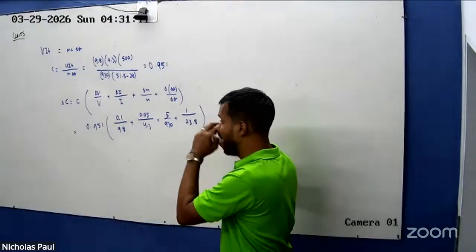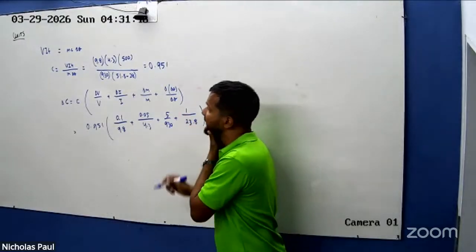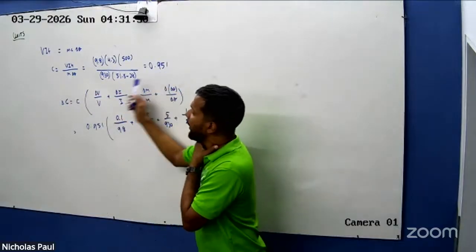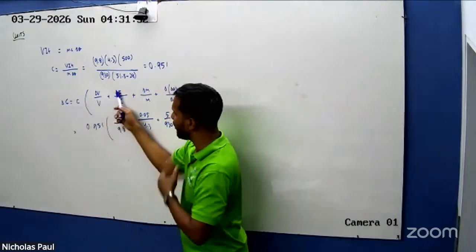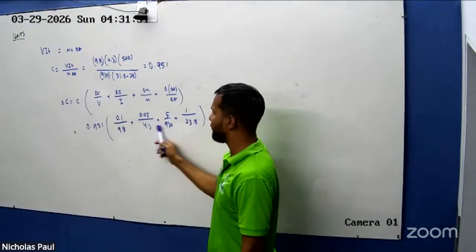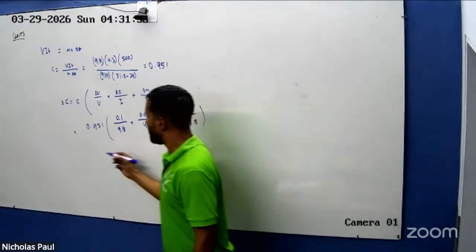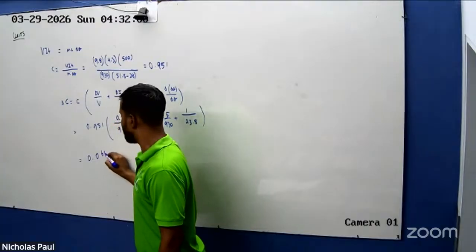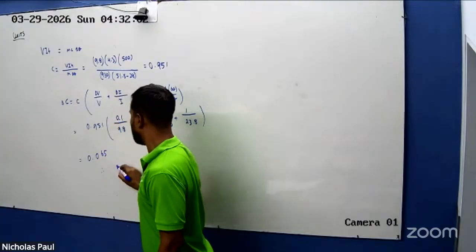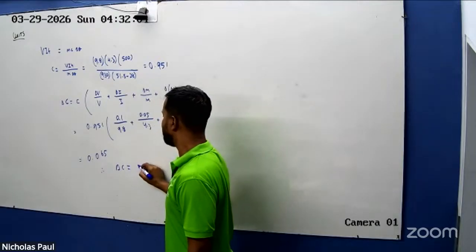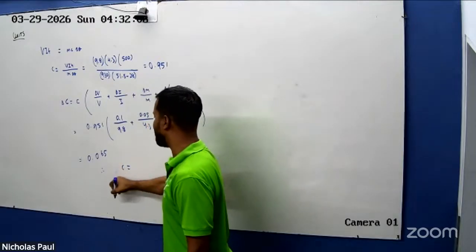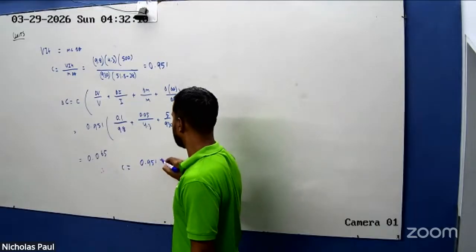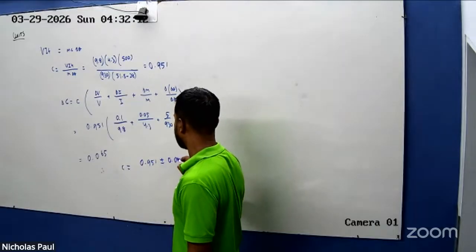Right, for those who are online, in case they weren't seeing this, I made C the subject of the formula and I solved for C. I found the error in C and I plugged in all the errors and I worked with all the fractional errors. 0.065. Therefore, the error in C, we could actually write C is equal to 0.951 plus and minus 0.065.